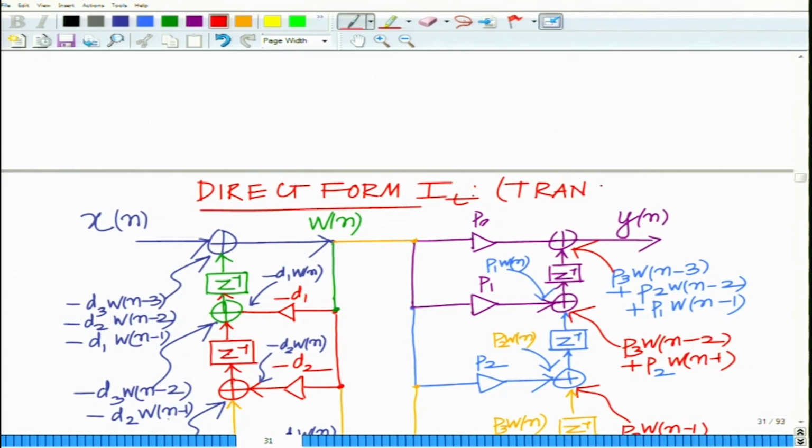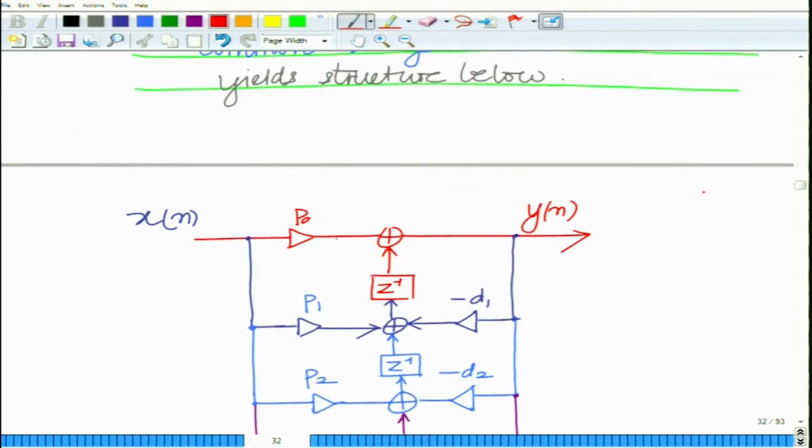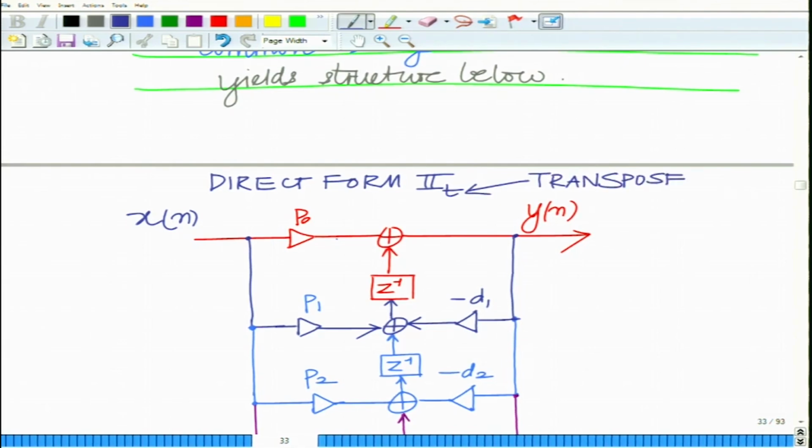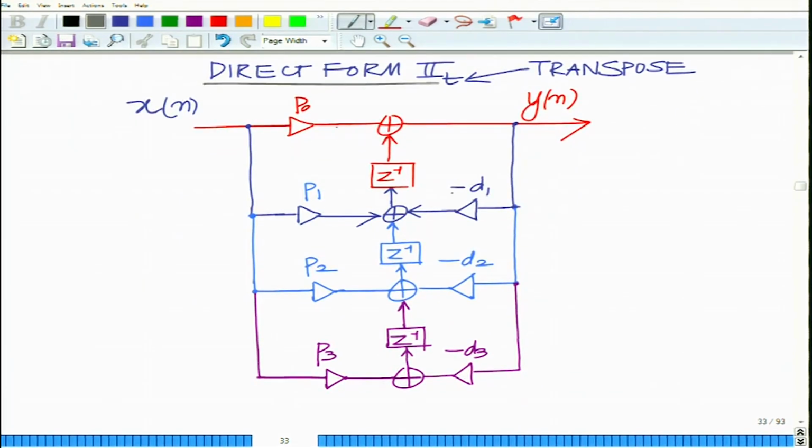So, this is the transpose structure that is denoted by this T in the subscript, and what we have over here is your direct form 2 transpose. And this T in the subscript denotes the transpose.